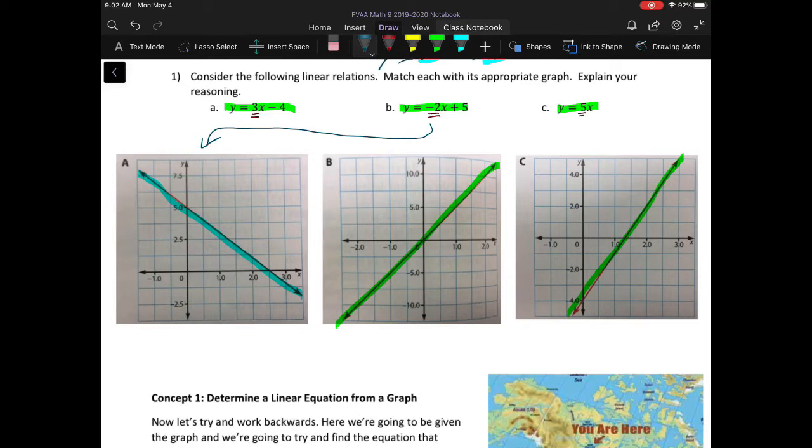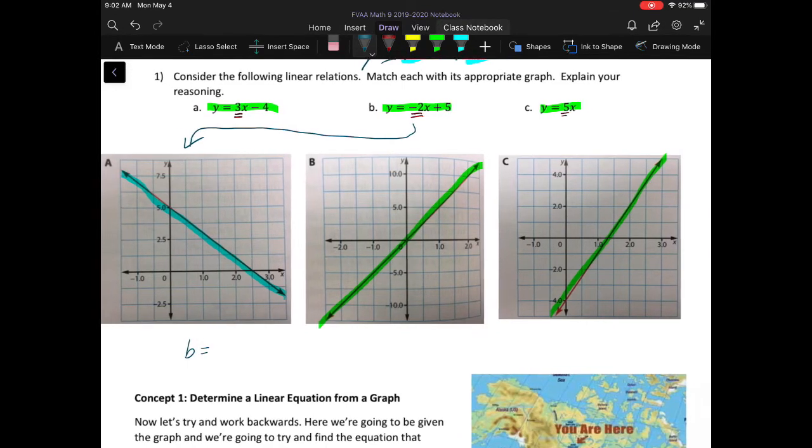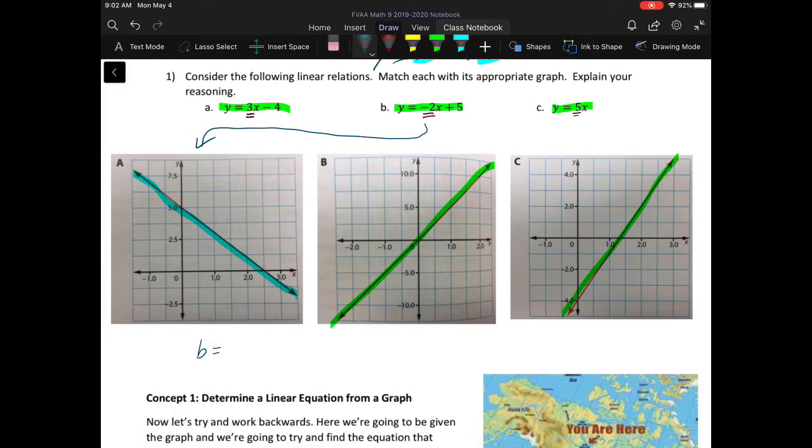All right, now let's look at the b values. The b values are also a helpful indication because we know that b is equal to the initial value of the relation, when x is equal to 0.